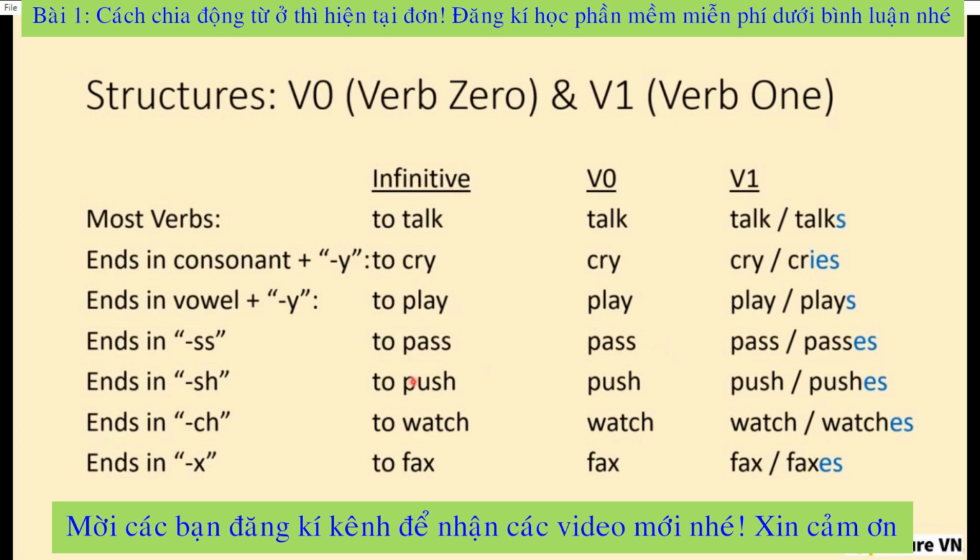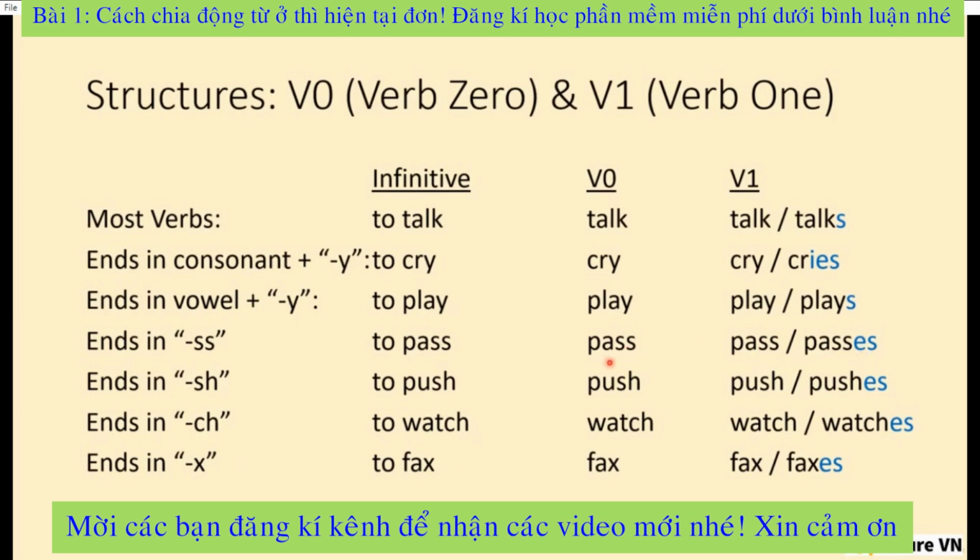If the verb ends in double S, SH, CH, or X, in these cases, we're going to add es to the second form of verb 1.